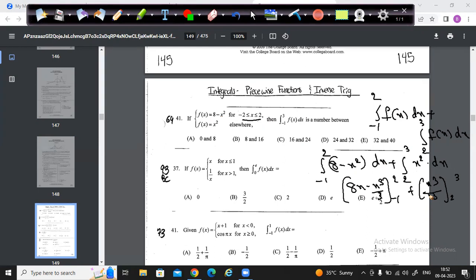And please tell me the answer for 37. First tell me the answer for this. Everyone do this. Piecewise functions are the functions which are defined in between those intervals.